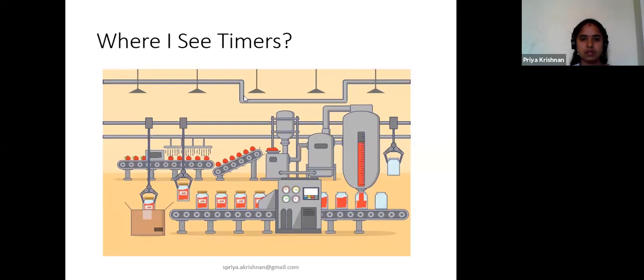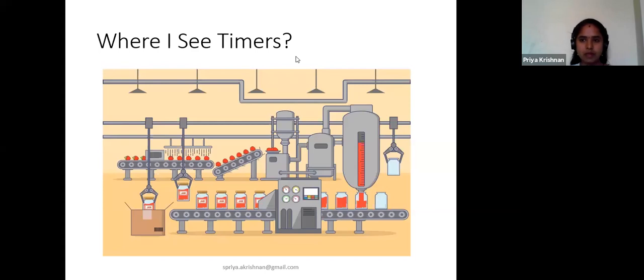So where can you see the timer? This is one of the industrial applications I have taken, where you can see a real timer. This is a food processing unit or a cool drinks manufacturing company, with different processes involved in making cool drinks.